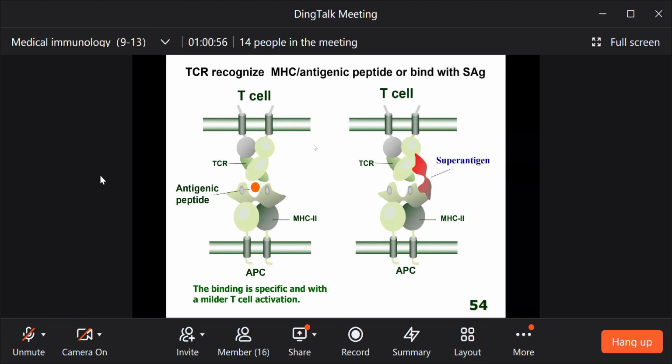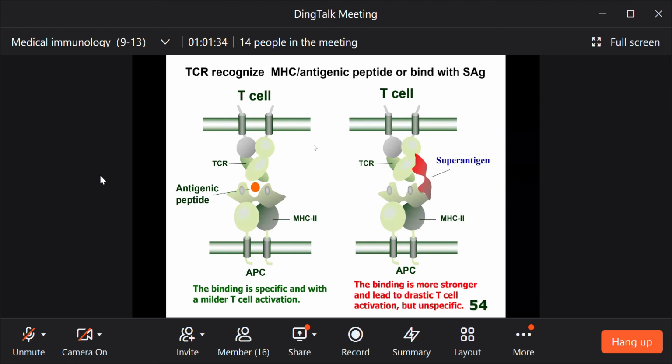But those T cell responses have no direction or specificity. So we can understand that after the superantigen induces the T cells, so many T cells will be wasted, 2% to 20%.